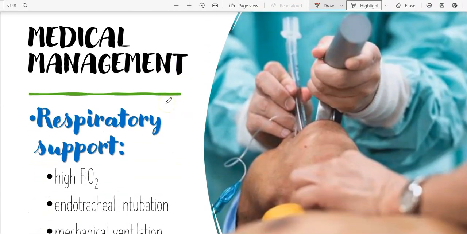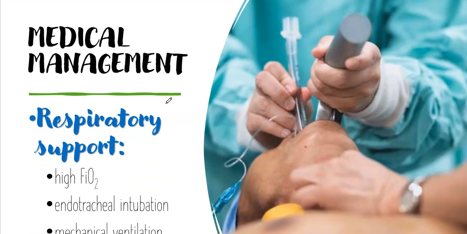Okay, medical management. As I've mentioned earlier, in cases wherein oxygenation is a huge problem already for a patient who has pneumonia, ito na yung i-expect mo. Kung ang pasyente mo, even meron namang bed rest and then your medications have already been given, but still, the patient stats are actually going down.